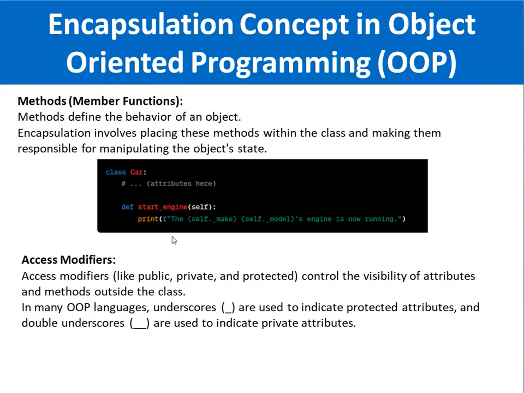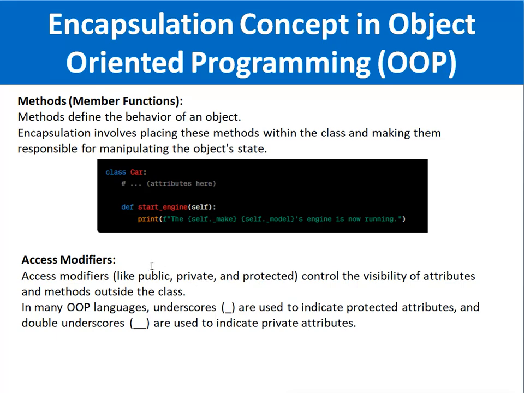Then there are access modifiers as well, like public, private and protected. Basically, they control the visibility of attributes and methods outside the class. In many object-oriented languages, an underscore is used to indicate protected attributes, and a double underscore is used to indicate private attributes.